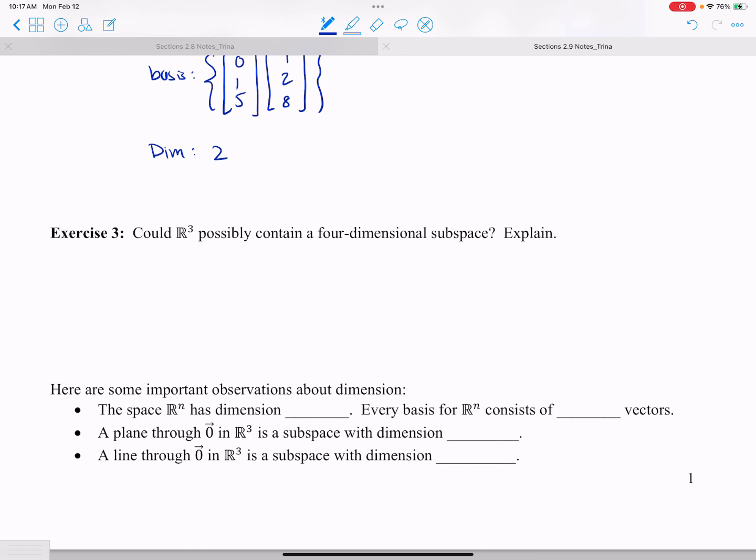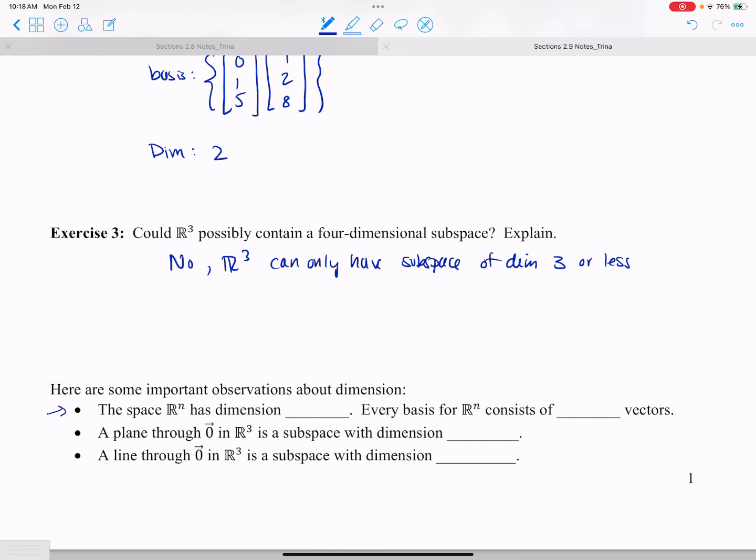Exercise 3 asks, could R3 possibly contain a 4-dimensional subspace? And the answer would be no. R3 can only have subspaces of dimension 3 or less. So some important observations.